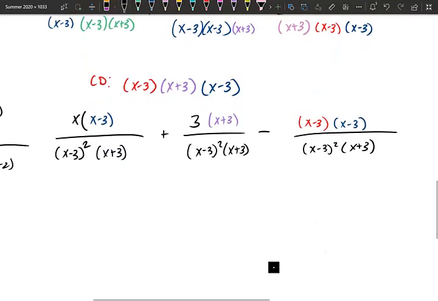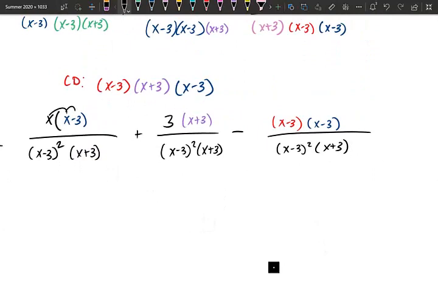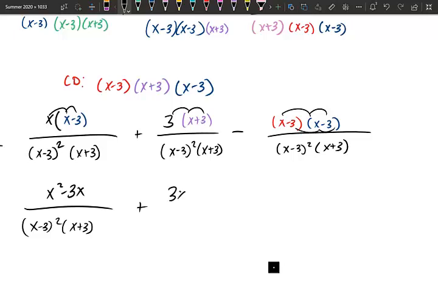All right, let's simplify the tops so we can distribute and FOIL. So x squared minus 3x plus 3x plus 9 and that's minus x squared minus 6x plus 9.